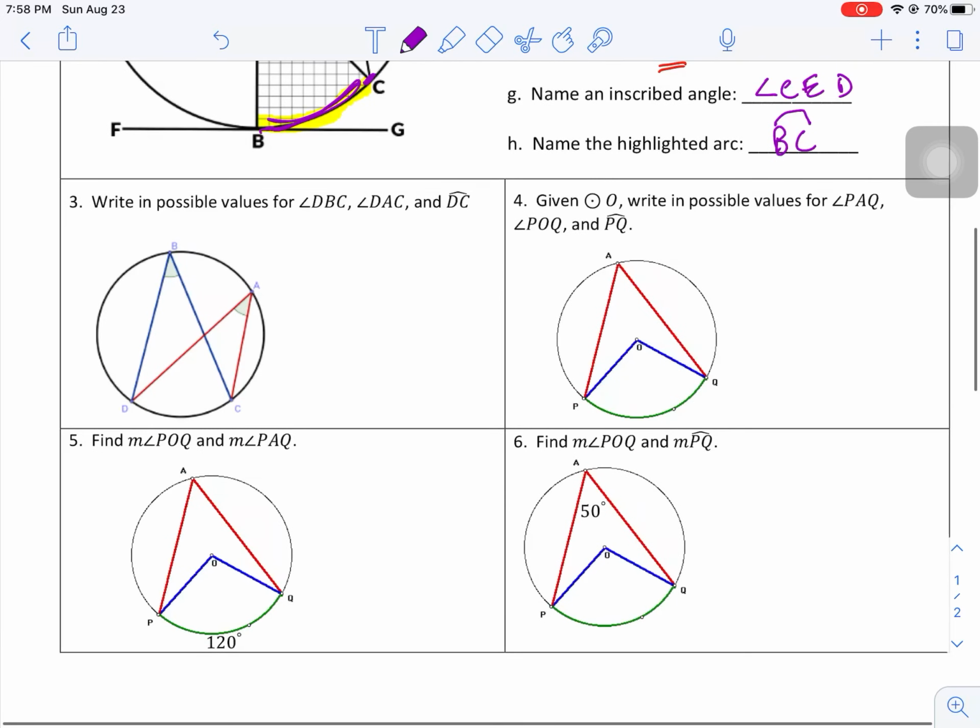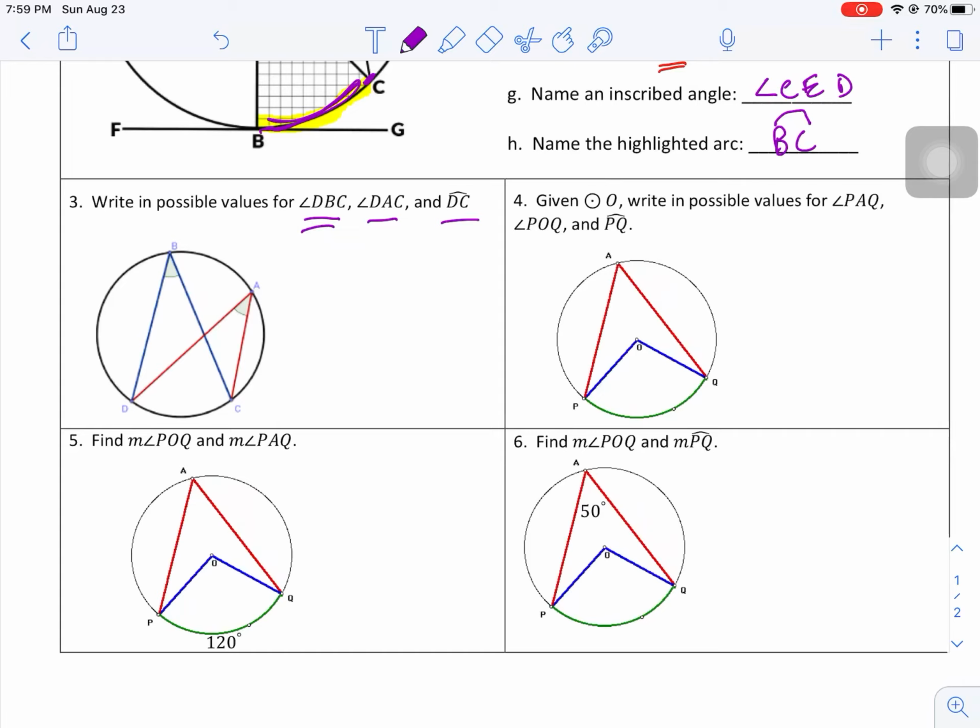Now down here is where the math comes in. And so at first it's going to look kind of weird because at top they want, in problem 3 and 4, they want you to give possible values, meaning you have to make up a value. But you're not going to make up a value for all pieces, you're going to make up a value for one, and then you'll be able to figure out the other ones. I'll show you, okay? So it says, write the possible values for angle DBC, DAC, and arc DC.